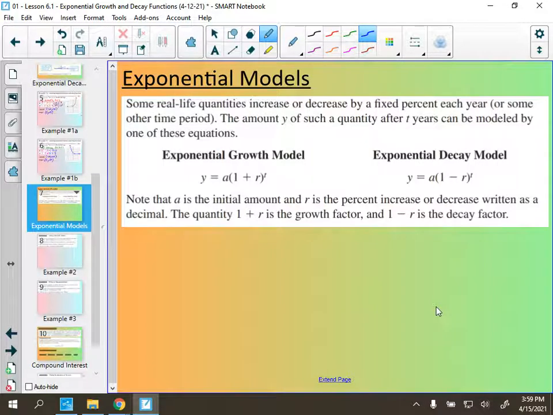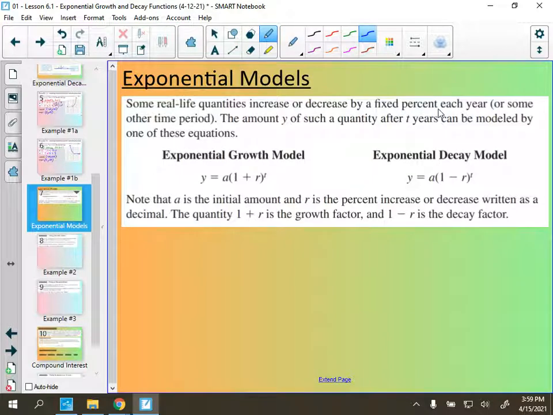All right, so what's the deal here? We're going to use these in situations where a quantity, whether it's a population, an investment, money, or even an animal population, is growing at the same percentage every year.